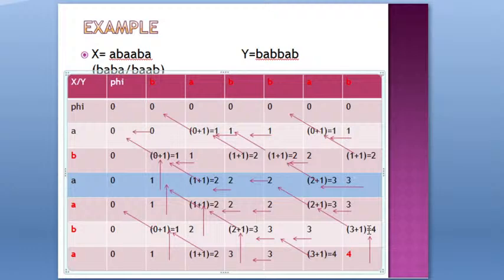Once you get the diagonal arrow, take that immediate element. That means if the diagonal arrow goes from this cell to this cell, then from that cell where it is going, that cell's character will be taken as part of your longest common subsequence. Okay. Now tell me, is there any doubt?